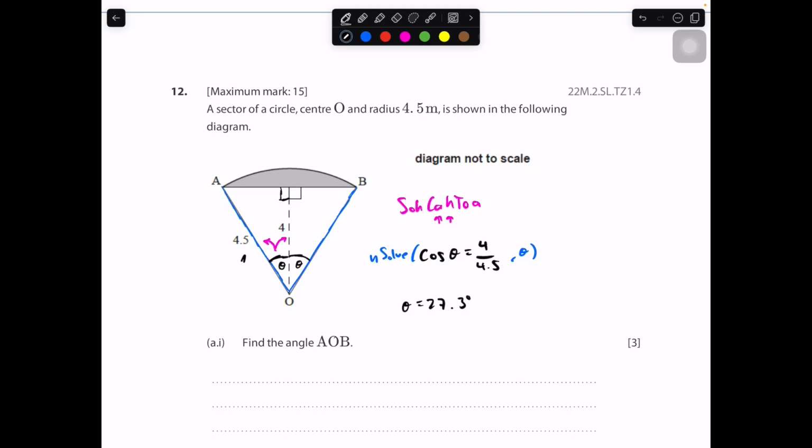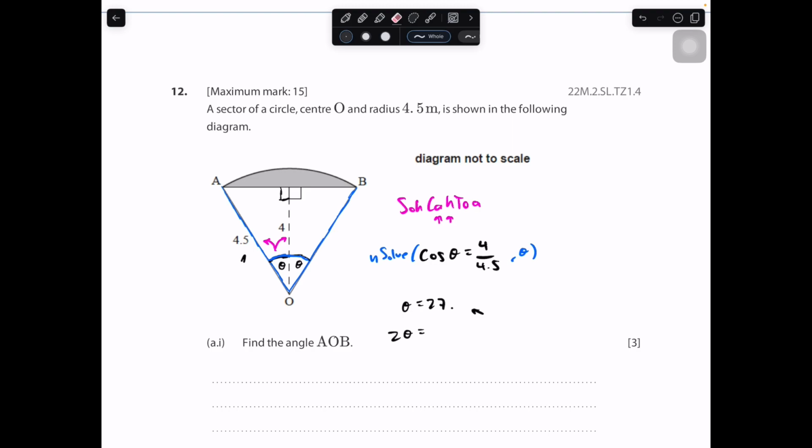This is only equal to theta. Of course, we want to sweep through an angle of 2 theta. So therefore, 2 theta is equal to 54.5. Actually, best not to write 3 sig figs as an intermediate step because you'll get an error.